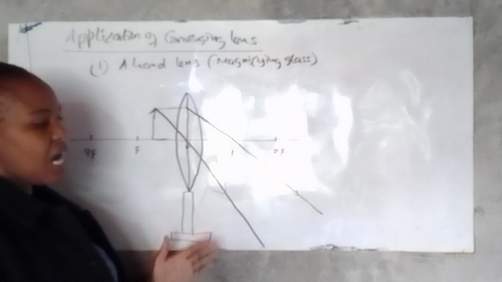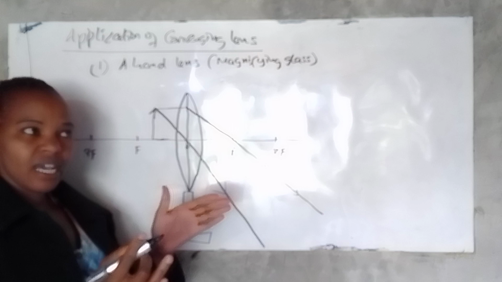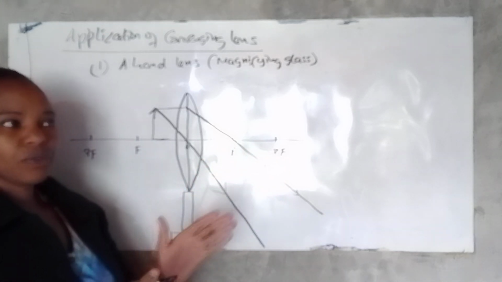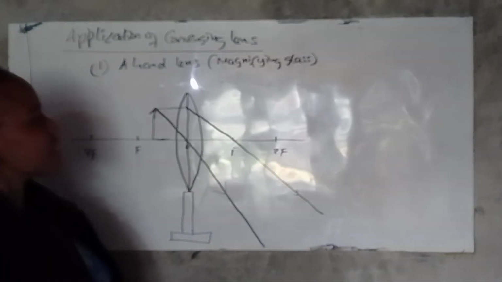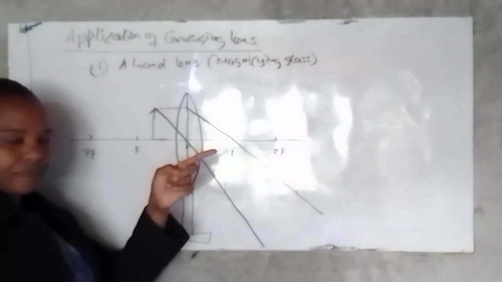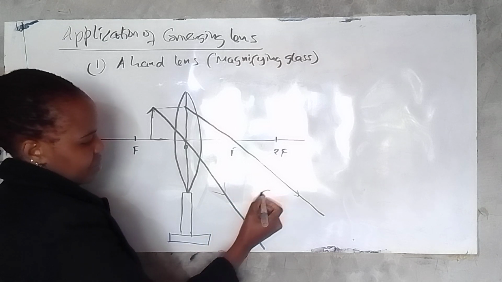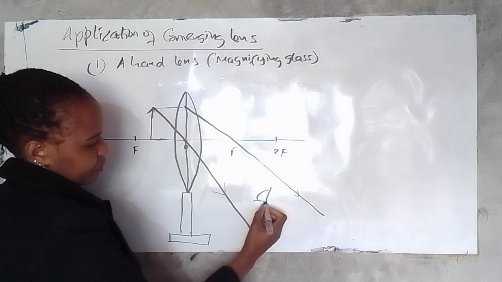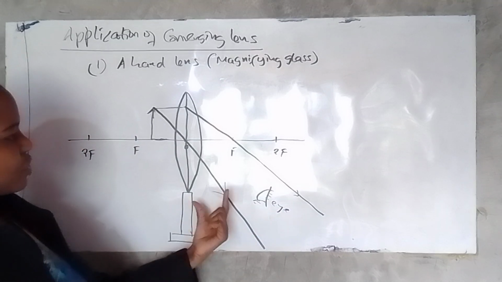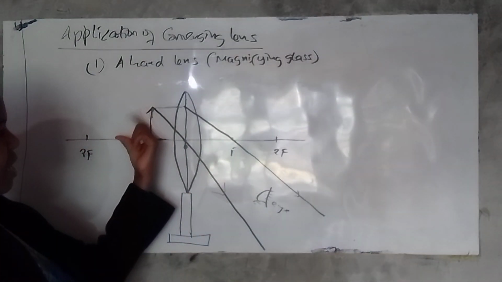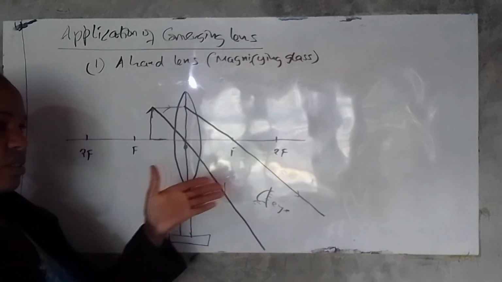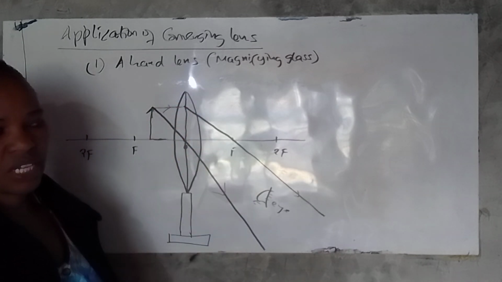So the rays that are coming out are diverging rays. Now we said diverging rays are rays that look like they are coming from somewhere if you produce them backwards. Assume you put your eye there. Your eye will not see that the ray was parallel, then it was refracted.